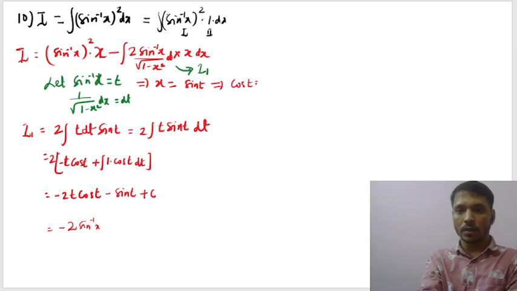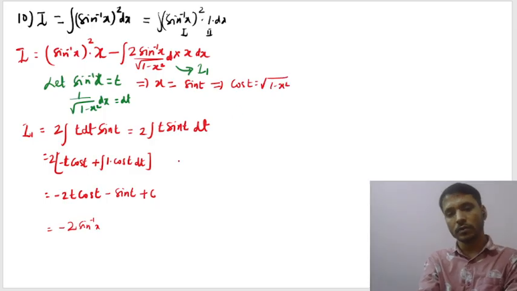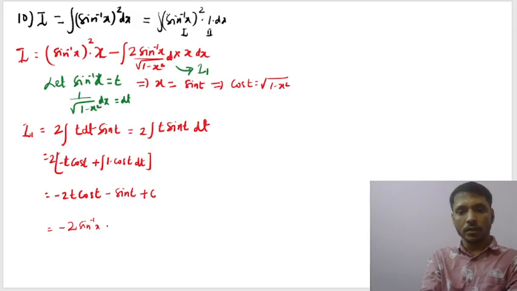Cos t will be equal to under root of 1 minus x square, by applying the identity sin square t plus cos square t is equal to 1. That means here we can replace cos t with under root of 1 minus x square, and sine t is equal to x, plus c.